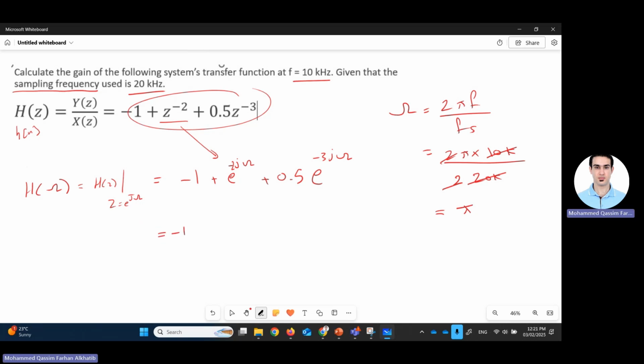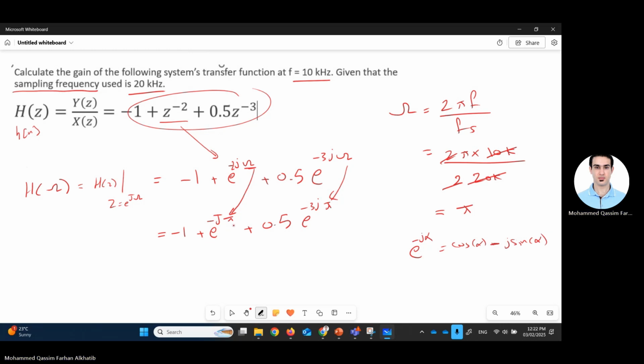All right, so let's substitute negative 1 plus e to the power negative j, now instead of omega, that is, pi here, plus 0.5 e to the power negative 3 j pi. Now recall from Euler's identity, e to the power minus j alpha equals cosine alpha minus j sine alpha. So I have 2 pi here, my bad, 2 pi and 3 pi.